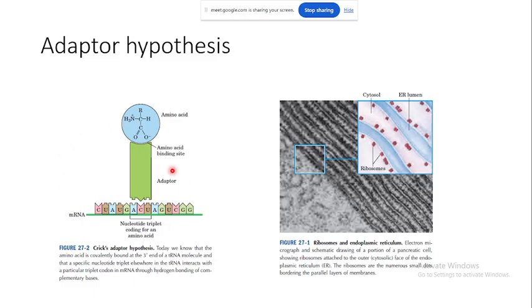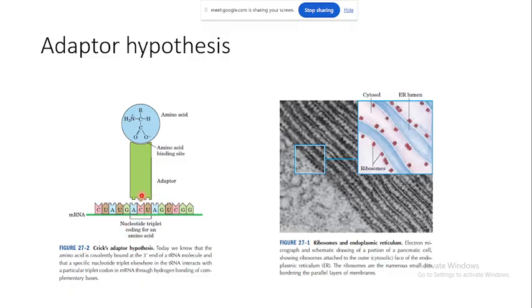So for that, Crick gave the adapter hypothesis, where he said that there can be the existence of an adapter. Suppose this is the codon for a particular amino acid, so probably that adapter has complementarity with this codon.